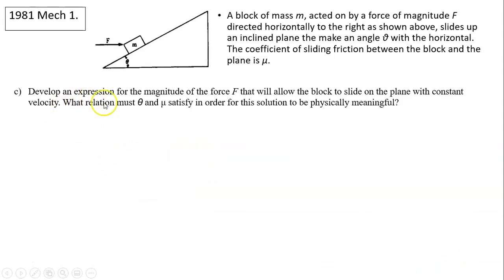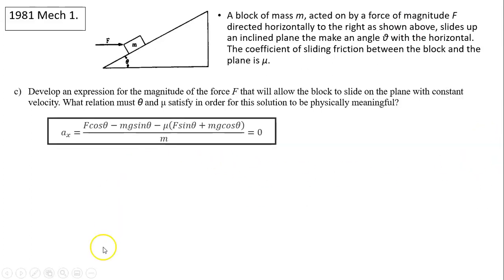Last question. Develop an expression for the magnitude of force F that will allow the block to slide on the plane with constant velocity. That's part 1. For it to have constant velocity, ax has to be 0. That means the whole expression has to be 0, so the top has to be 0. That means F cosine theta minus mg sine theta minus mu times (F sine theta plus mg cosine theta) equals 0.